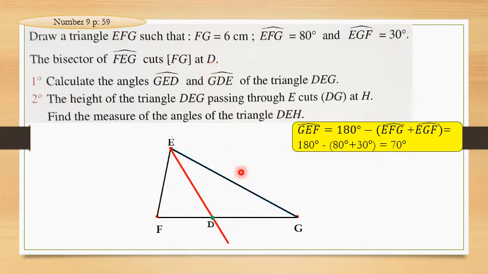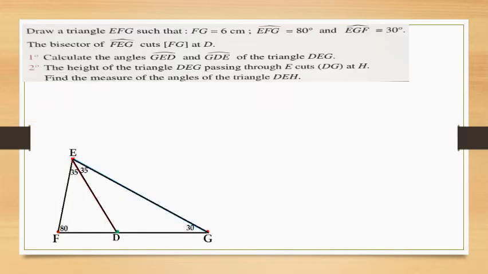Now calculate the angles GED, this angle, and GDE, this angle. How? I know that it's a bisector. Okay, and we calculated before FEG, it's 70 degrees.